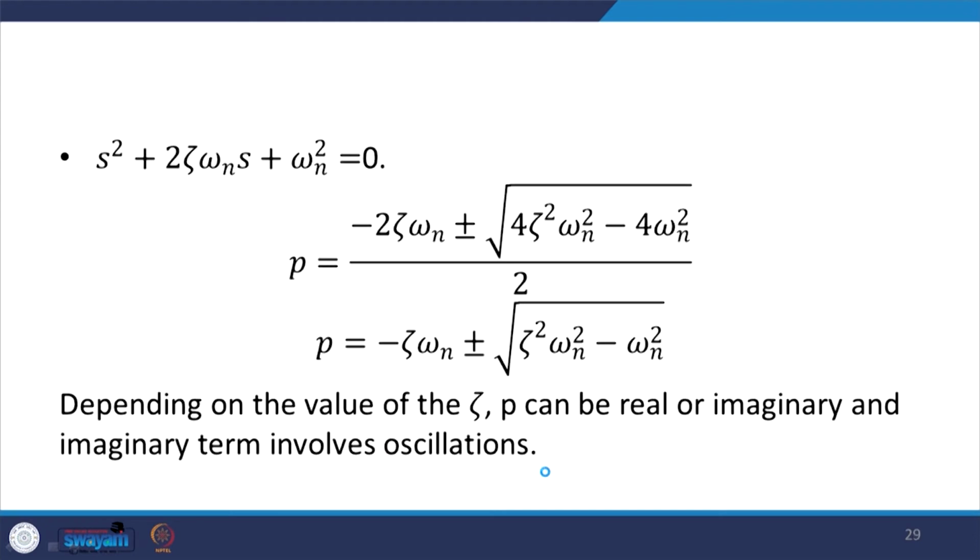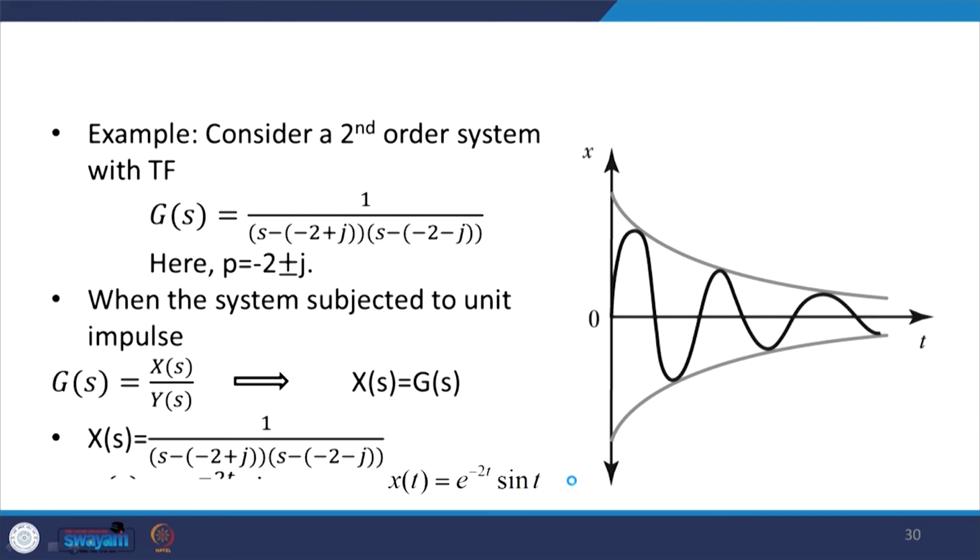Again here I can write these roots as this one, as we have seen, and depending on the value of zeta, p can be real or imaginary, and imaginary terms involve oscillation. So, that way we can predict the behavior.